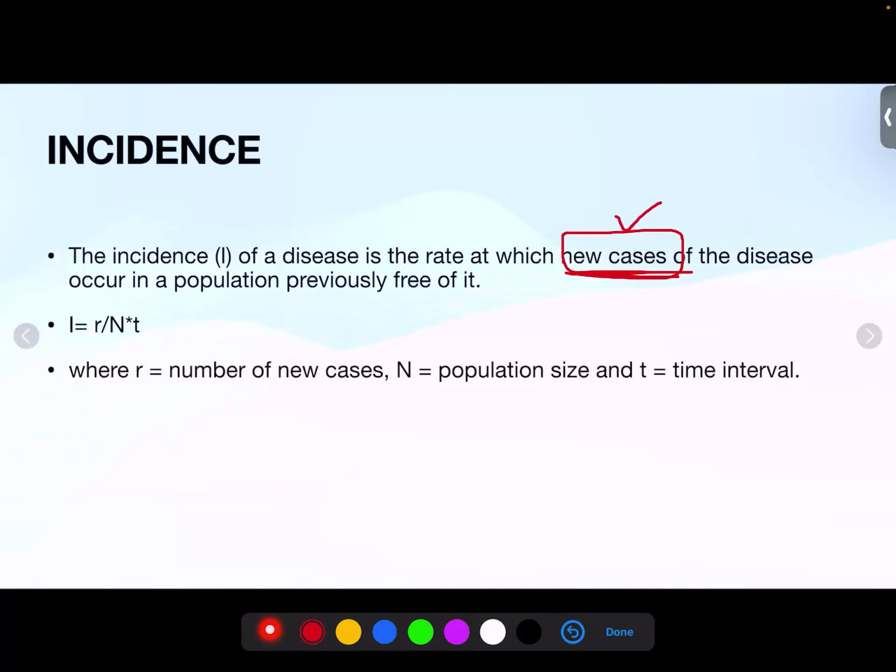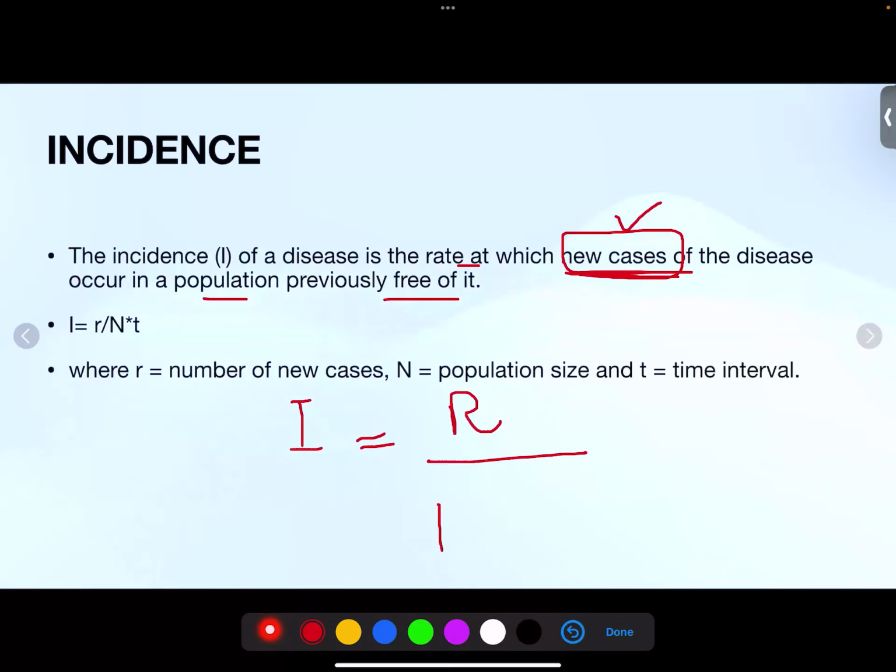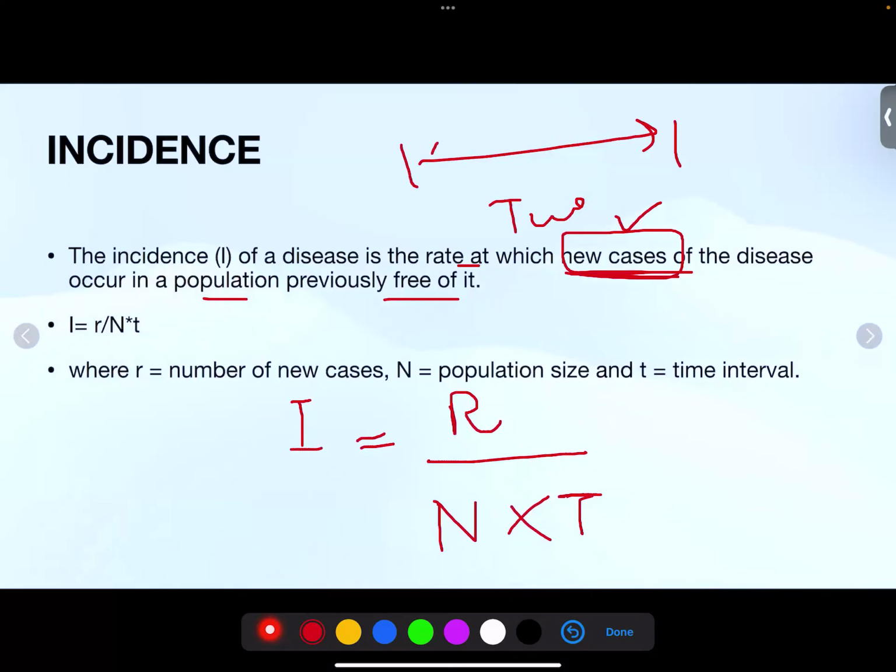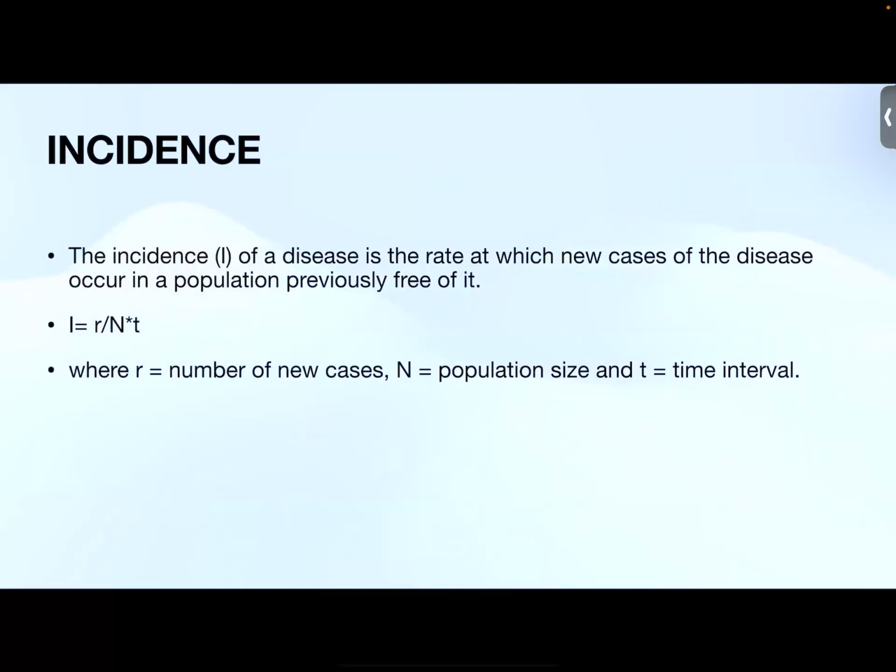So the incidence is the rate at which new cases of the disease occur in a population previously free of it. In this formula, R is the new cases divided by the total population times the time interval, that is, during this time interval, how many new cases arise. So this is the incidence of any disease.